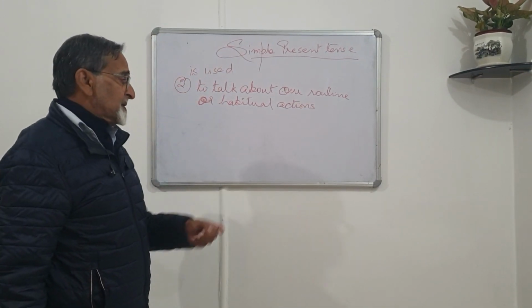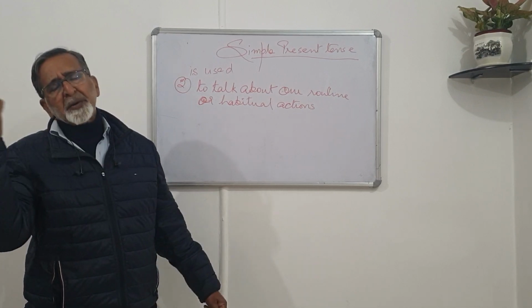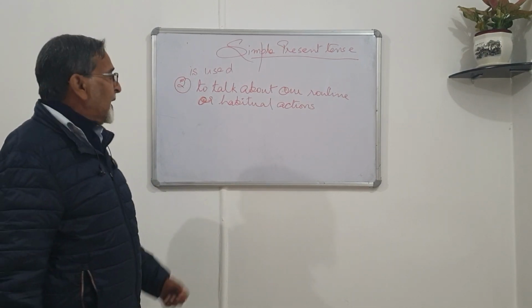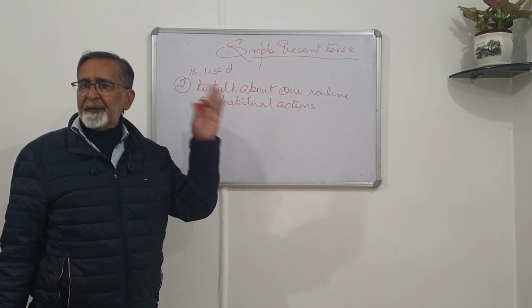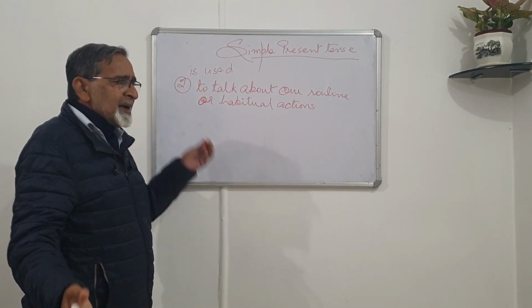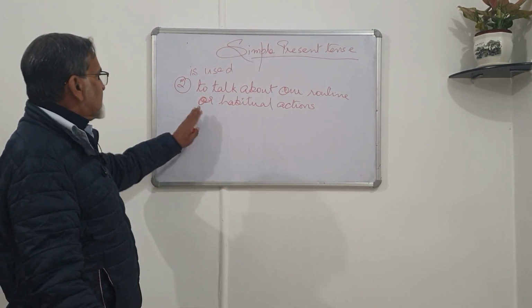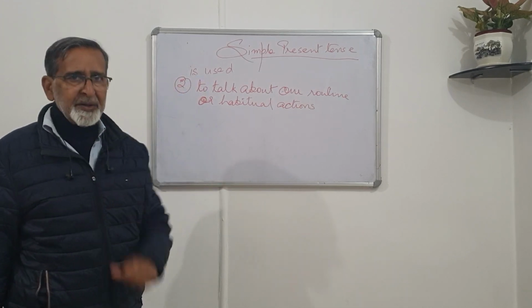Routine or habitual actions. Actions that we do. I brush my teeth daily. My father goes out for a walk every morning. So these are habitual actions that we do. So we use this tense to talk about such actions.